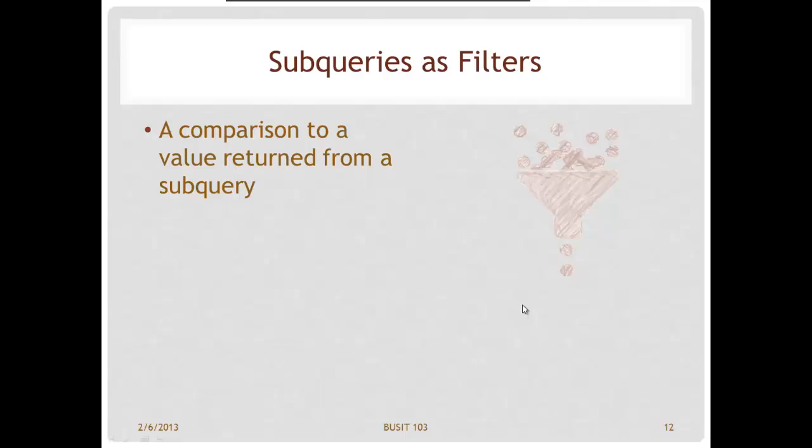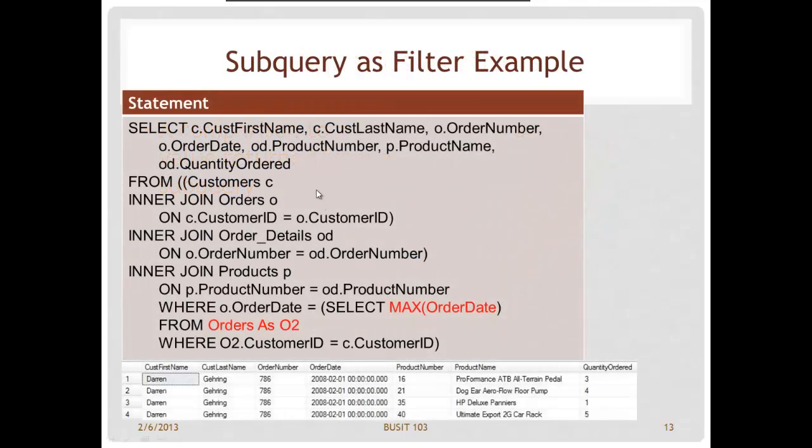Subqueries as filters. A comparison to a value returned from a subquery. So in this filter example, we're going to find all of the customers, their order number, their order date, the product number, product name, and the quantity ordered.